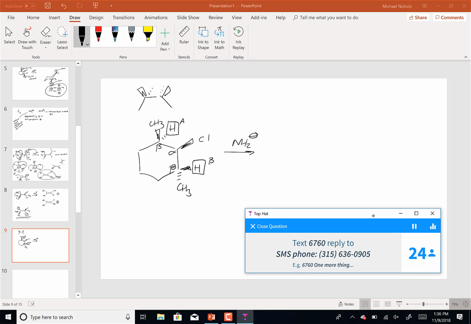And since I haven't outlined it, it's not graded. I just want to see how good your gut feeling is.